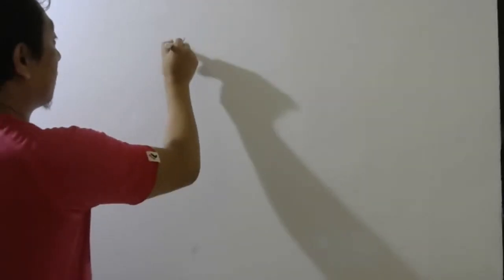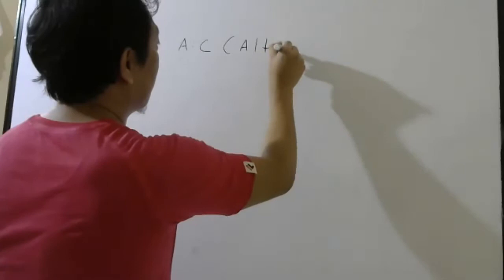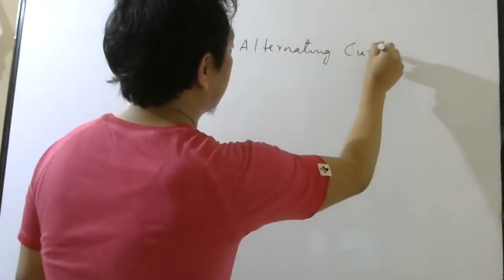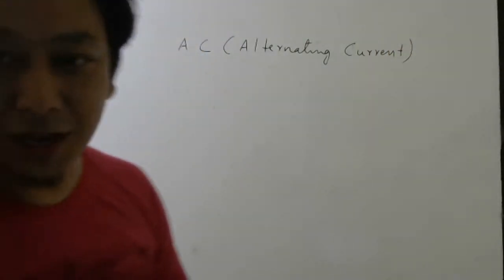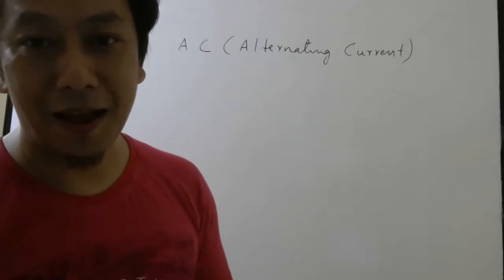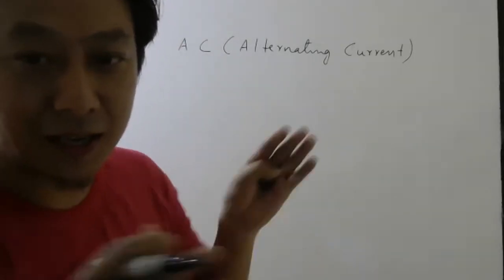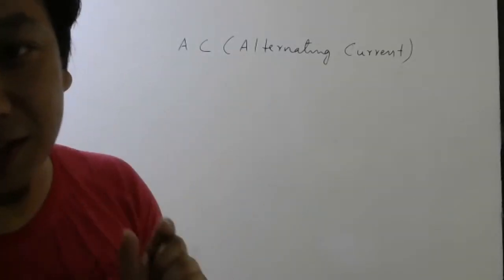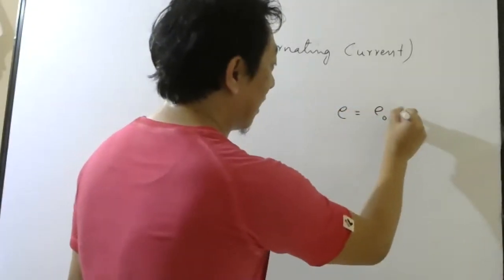Okay, so we will start the next chapter now. AC, alternating current. In the last chapter, which I finished today, I found that when you rotate a coil in a uniform magnetic field, there is an EMF induced in the coil, and the EMF formula looks like this.